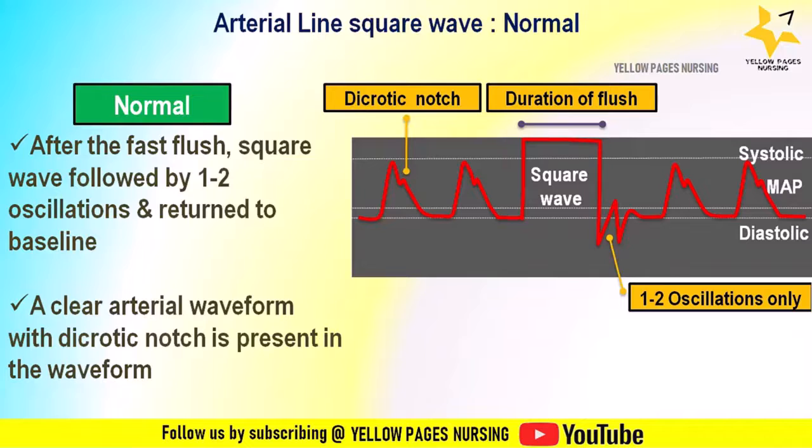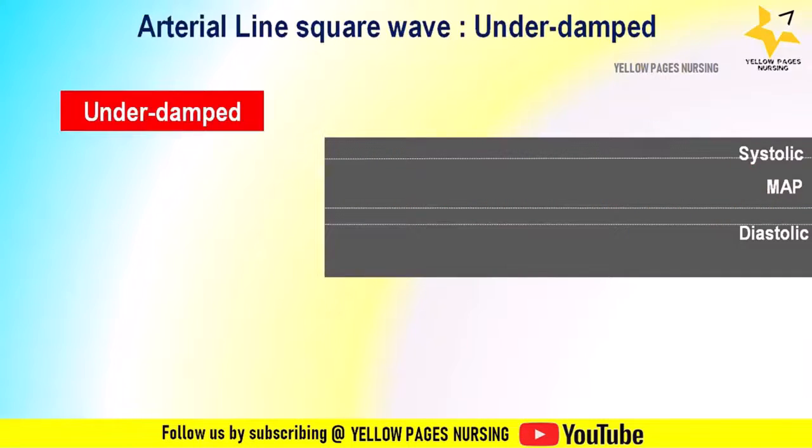Check for oscillations as an indicator of the harmonic characteristics of the system. Now, a square wave followed by 1 to 2 oscillations and return to baseline with the dicrotic notch is considered a normal waveform.